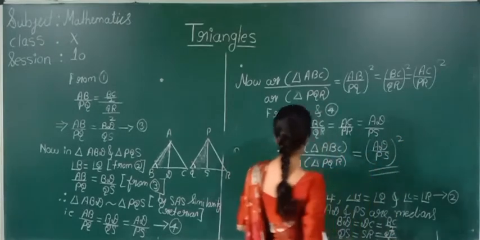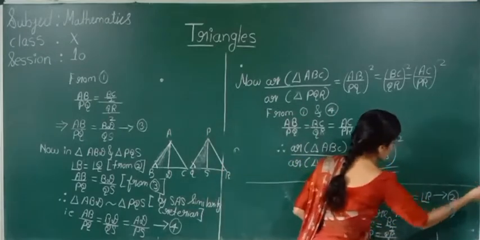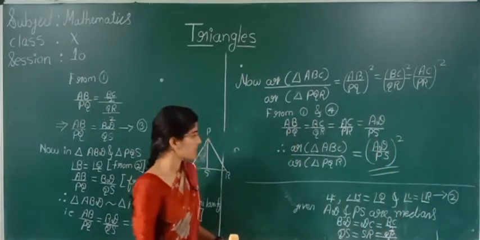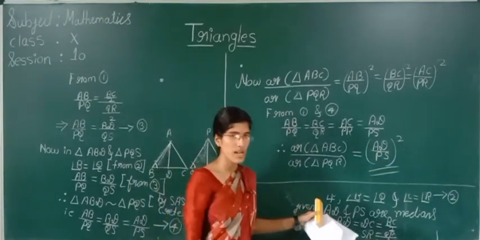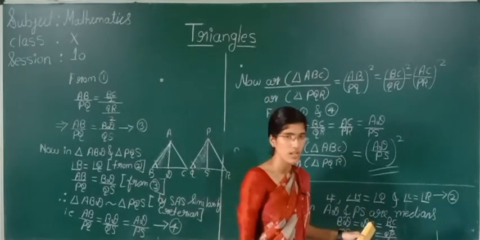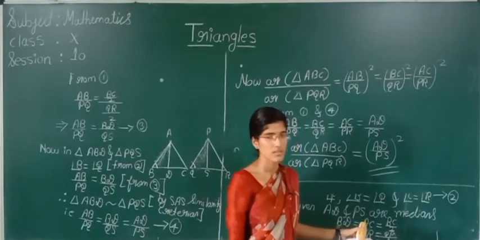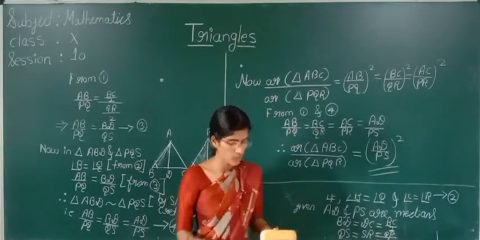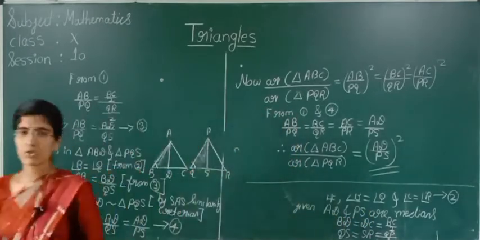So yeah, this only we want to prove, no? Yes? The ratio of the areas of two similar triangles is equal to the square of the ratio of their corresponding medians. Okay? This is the proof of the sixth question.